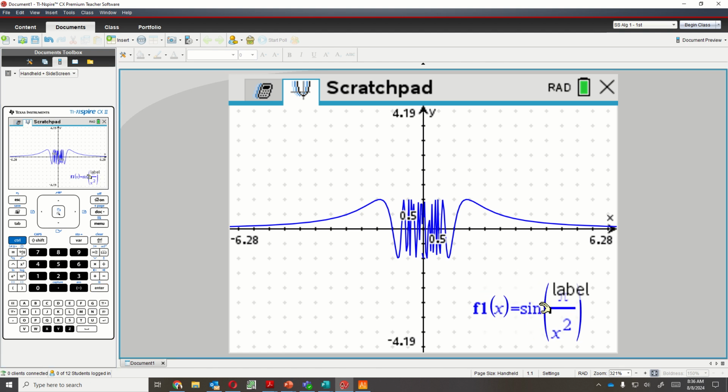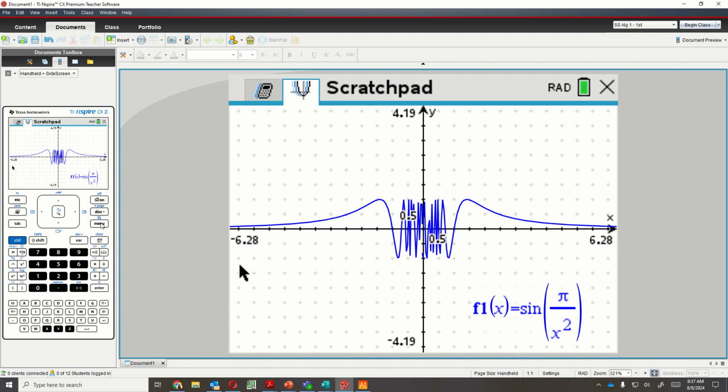Now this is better. And I changed this one to trig because the trig window is from negative pi over 2 to positive pi over 2. But what does it look like is happening right there in that middle? Is that your heartbeat when I said there's a test tomorrow? That's what happens right there?